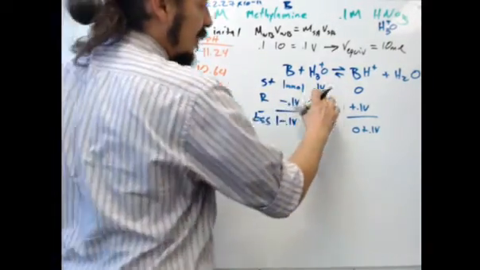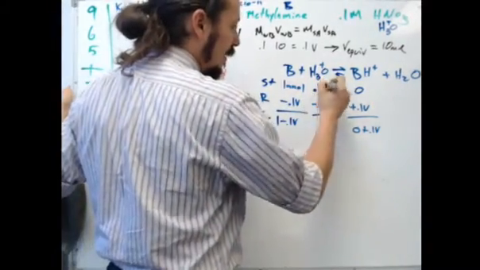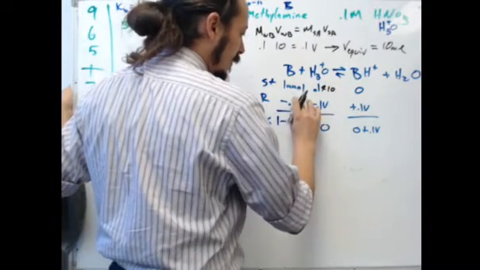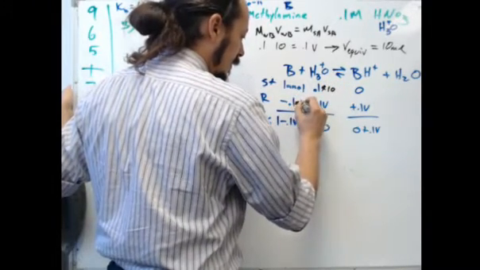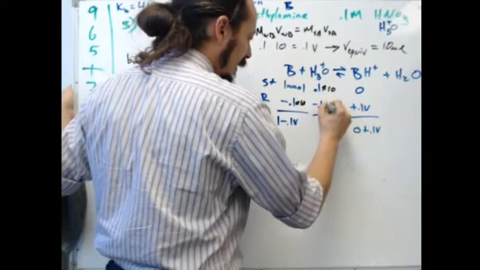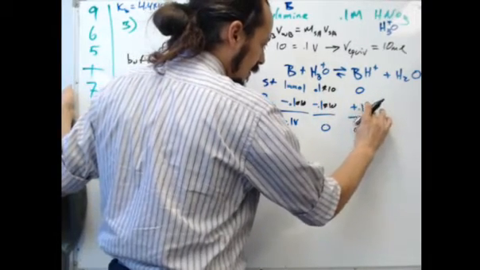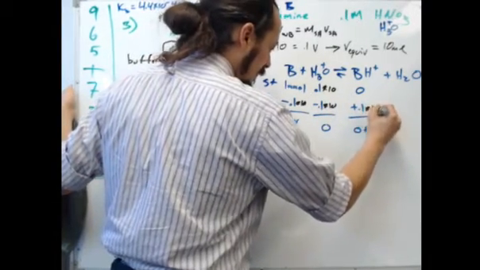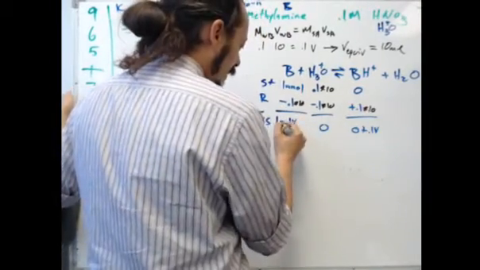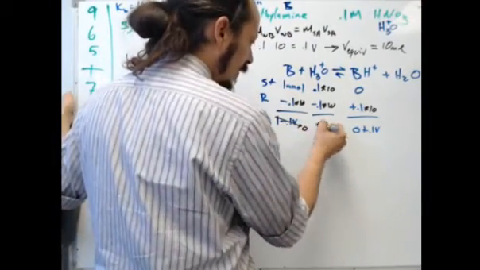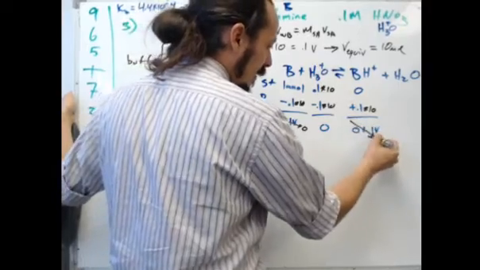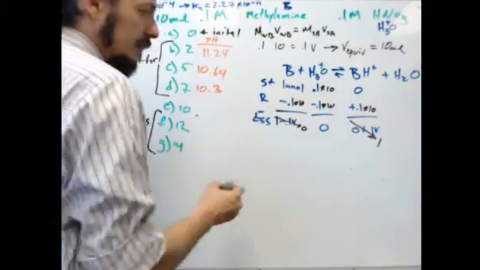Everything stays the same except for now I can plug in that my volume is 10. So this goes to 0, that goes to 0, this goes to 1 millimole.